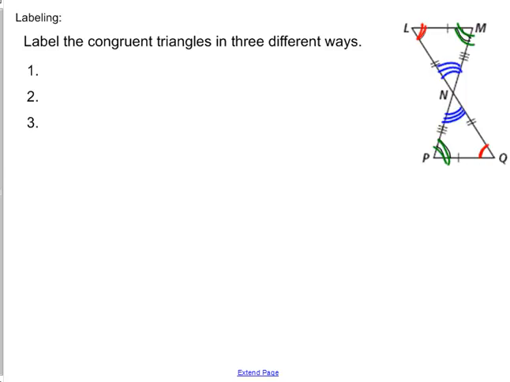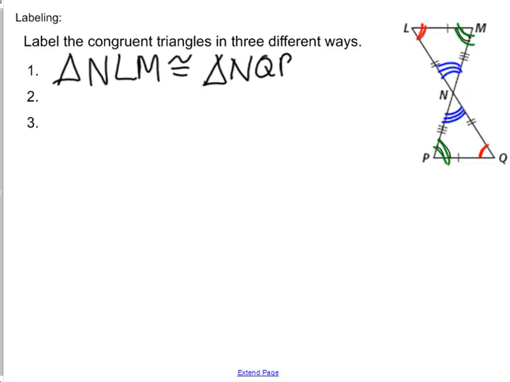So what I'm going to say is, okay, what's one way that I can label that? I can say triangle NLM is congruent to triangle NQP.